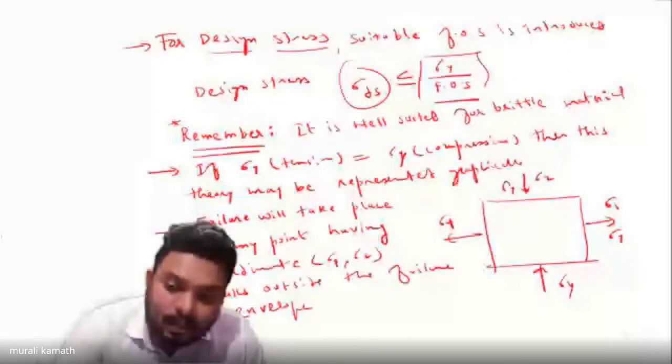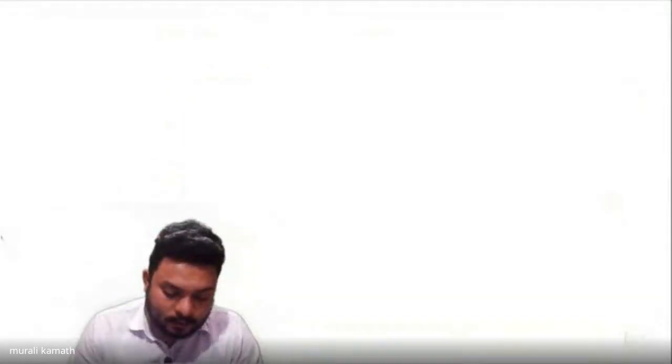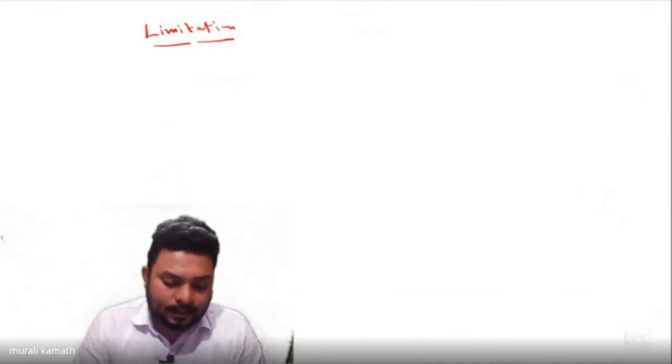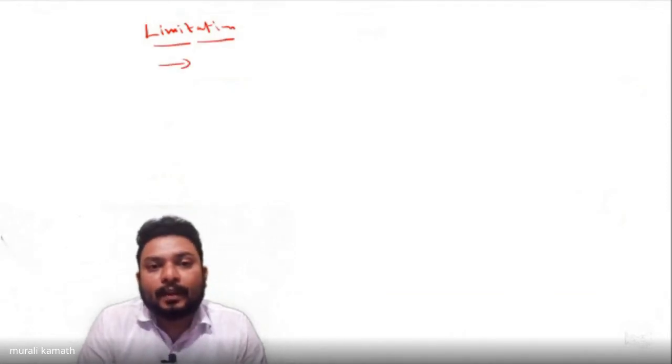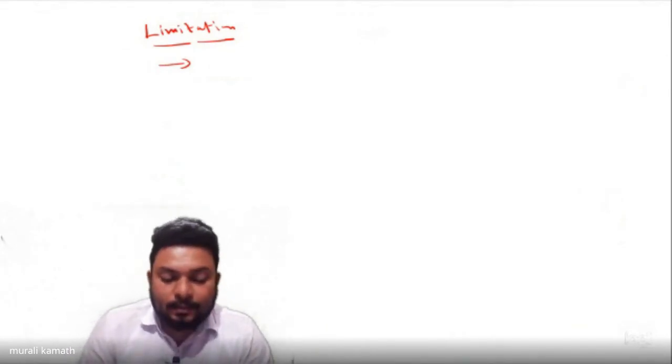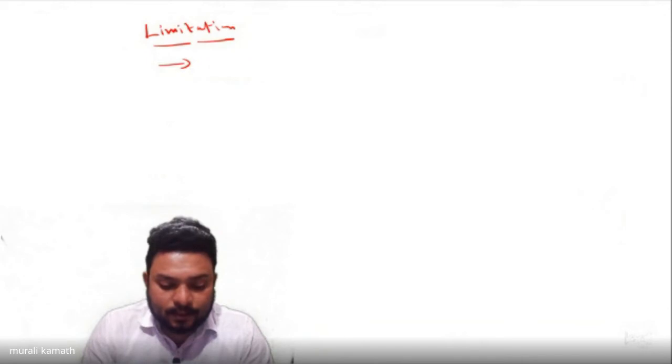Now, limitations. This is important. Why important? We should know what the theory is limited to. Whenever there is a limitation, it means they are neglecting something.